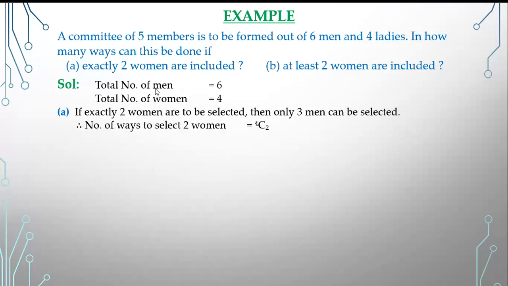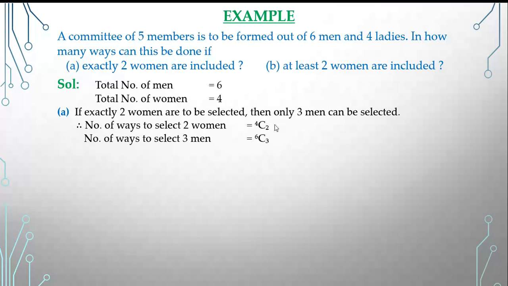So the number of ways to select the 2 women out of 4 women is 4C2, and we need to select the 3 men out of 6 men, that is 6C3. Here we choose 2 persons, here we choose 3 persons, and in total we need to choose 5 persons for the committee.